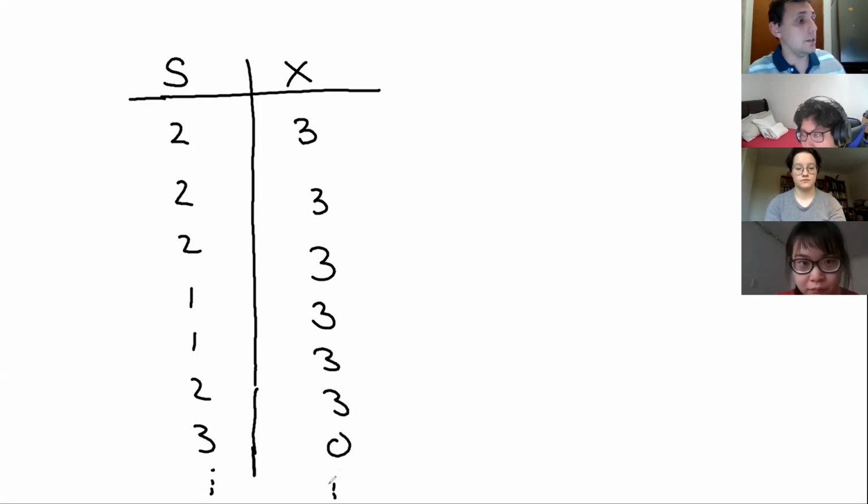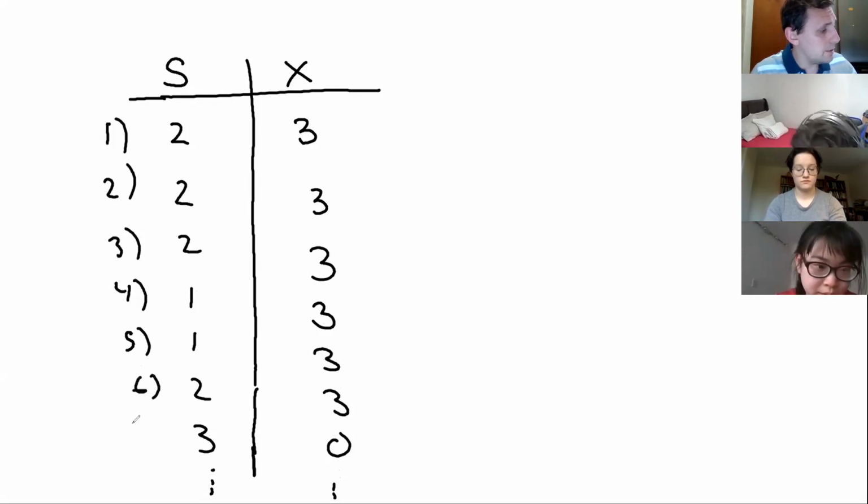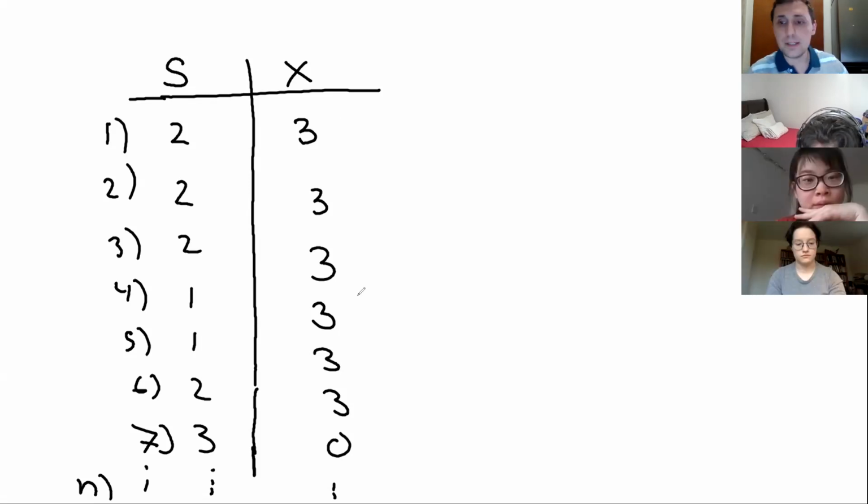This is the X. So what you can do is you can add up. How many games did we have here? This is game 1, 2, 3, 4, 5, 6, 7, and onwards. So eventually there is a game n. What you do is you add up all the payments and divide by the total number of games.